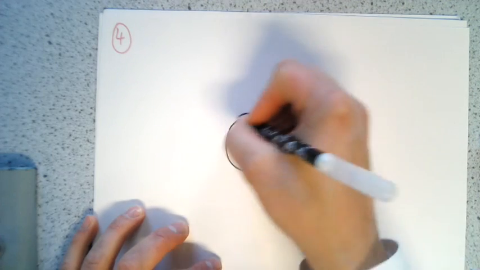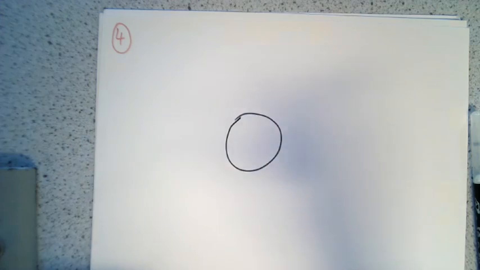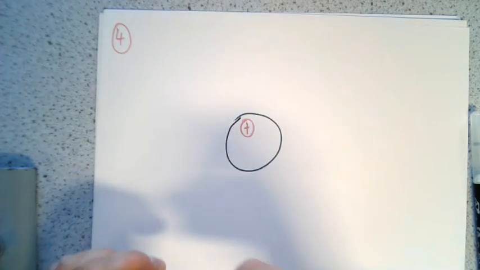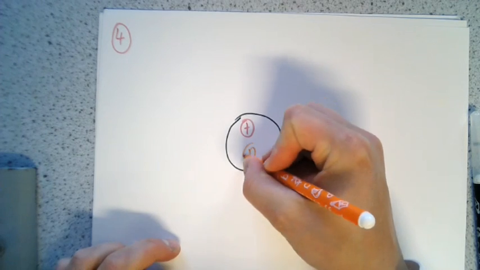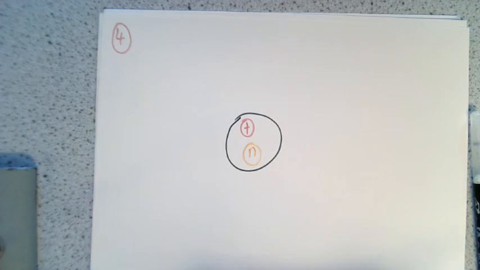The first thing to remember is the structure of an atom. Okay, chemistry knowledge, key stage 3 knowledge, you should know what this is. If you don't, please watch this back and make sure you know what you're on about. Nucleus. Inside the nucleus, positive protons and also neutral neutrons. Sorry, orange pen's a bit dead.